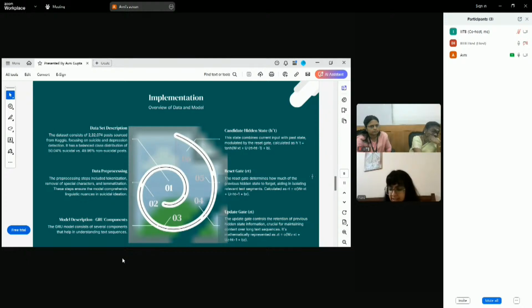And in GRU, basically, we used four gates. In the update gate, we decided what part of the previous content is to be carried over, like retained in the current state. Then in the reset gate, we decided what part of the previous sentence has to be forgotten, like removed from the current state.